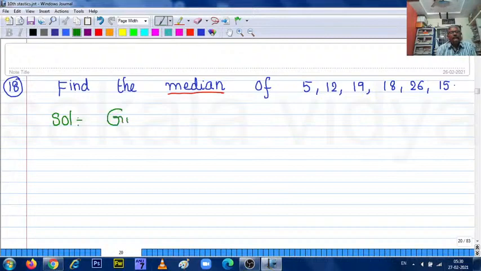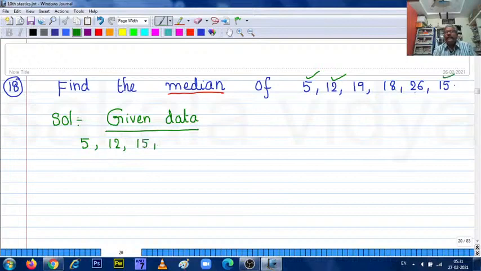Given data arranged: first 5, next 12, then 15, after 15 you get 18, then 19, then 26. They are arranged in order. Order is very important to find the median of ungrouped data.